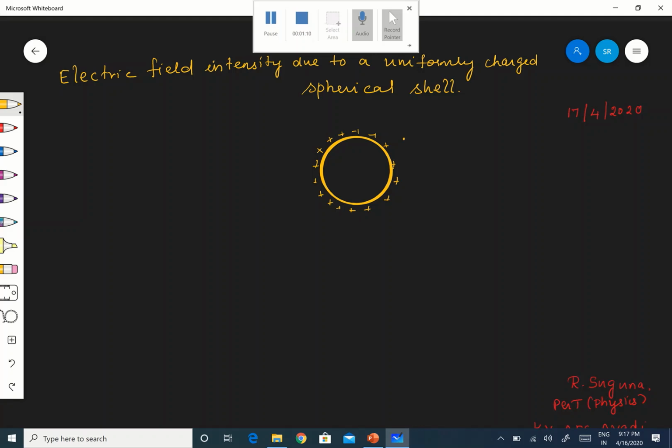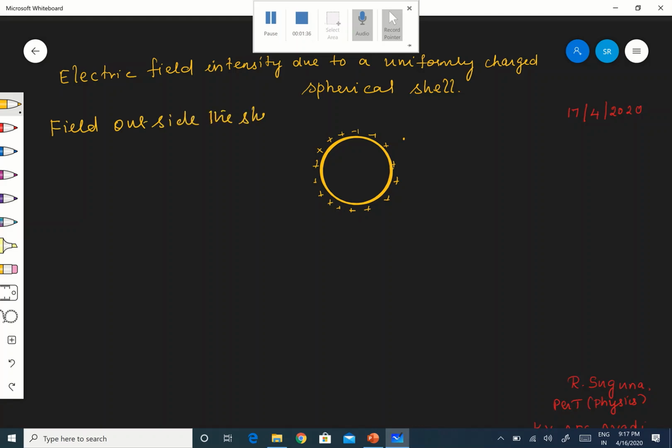I have to find out the electric field intensity at three points: a point outside the spherical shell, a point on the spherical shell, and a point inside the spherical shell. So we are going to start with the field outside the spherical shell.